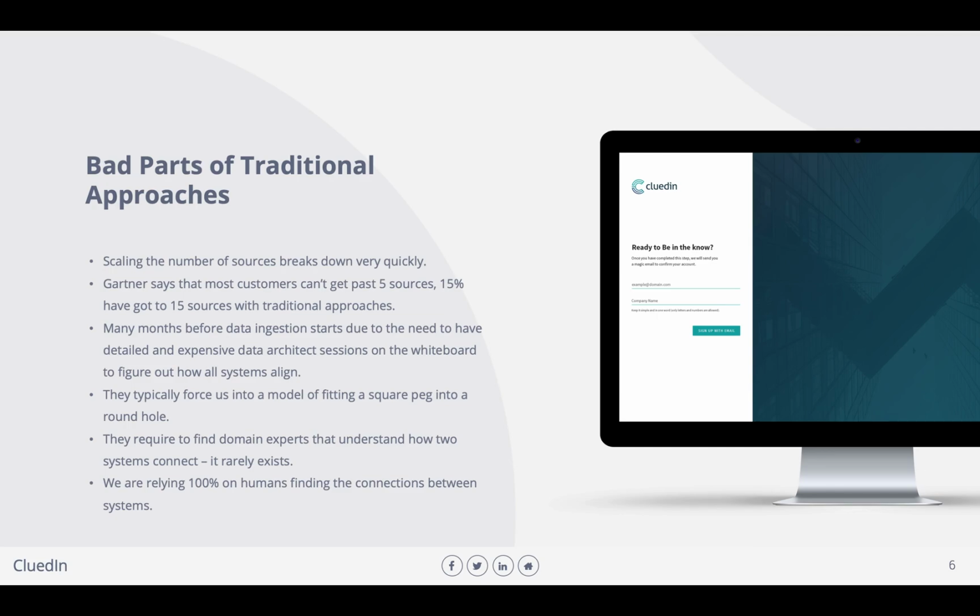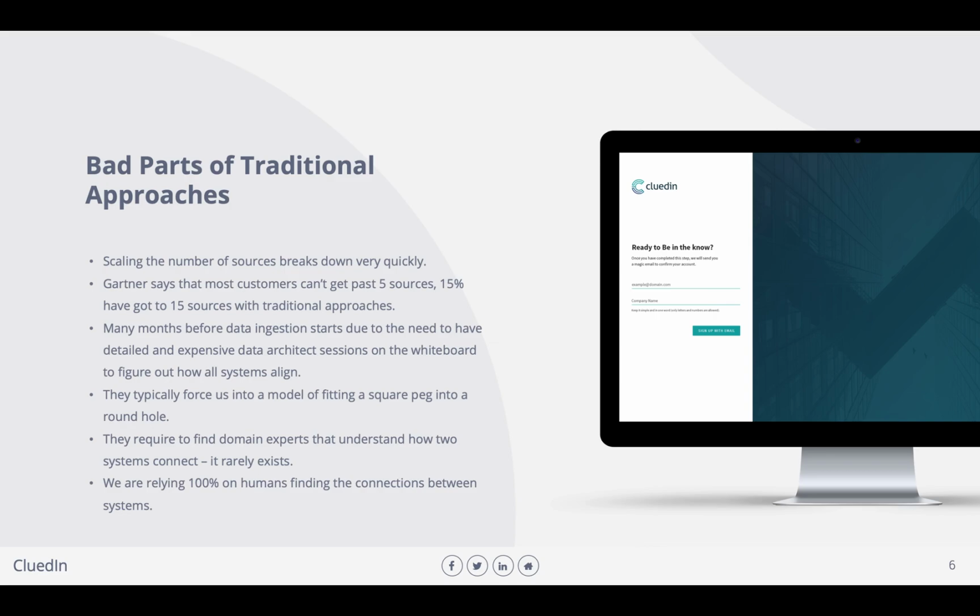So you can probably imagine that based off this long amount of months in figuring out how all these 5 different systems connect together, it's going to require the data architects or domain experts in each system to really figure out and draw up a mesh of how their one system connects to the other 4. You can probably understand why this takes so long.